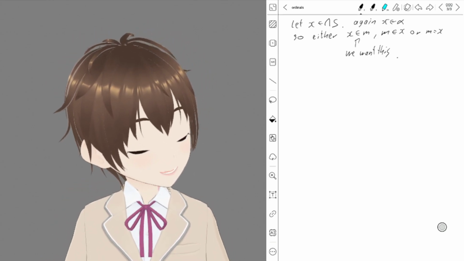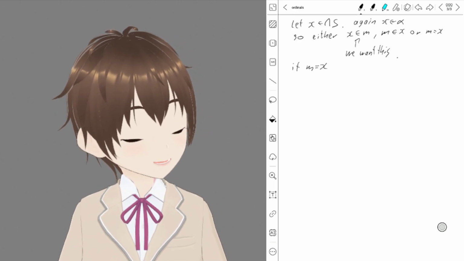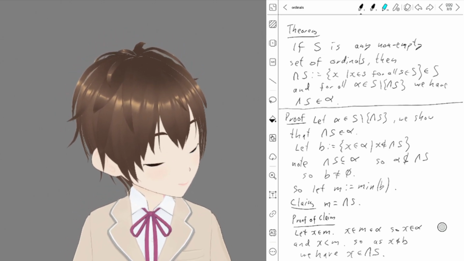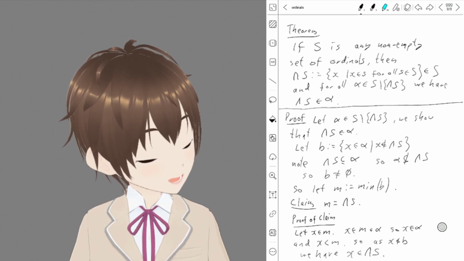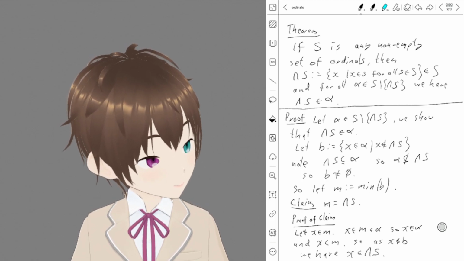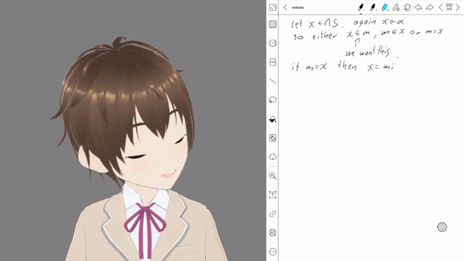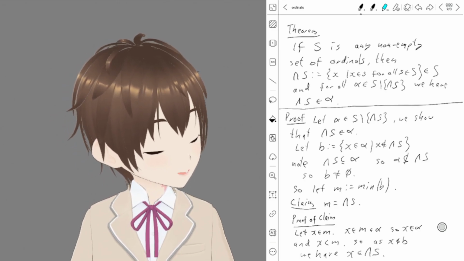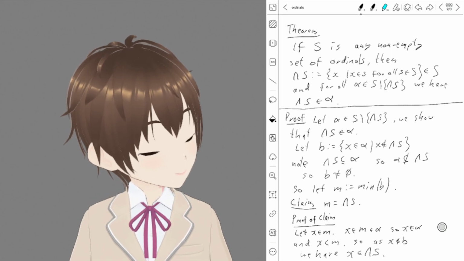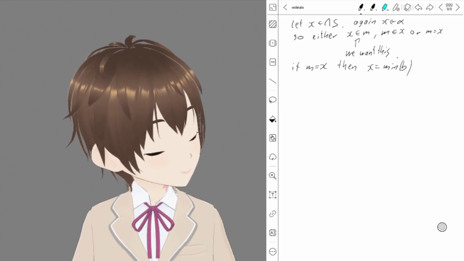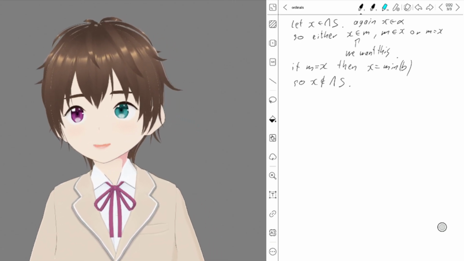So if M equals X, then that means I have an element of the intersection which is equal to the smallest thing, which is the minimum of B. And X equals min B. And if we look at the definition of B, that means X is not an element of the intersection, which is a contradiction because I said it was.